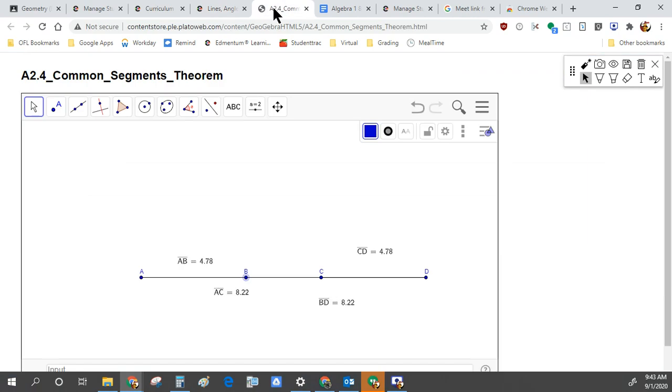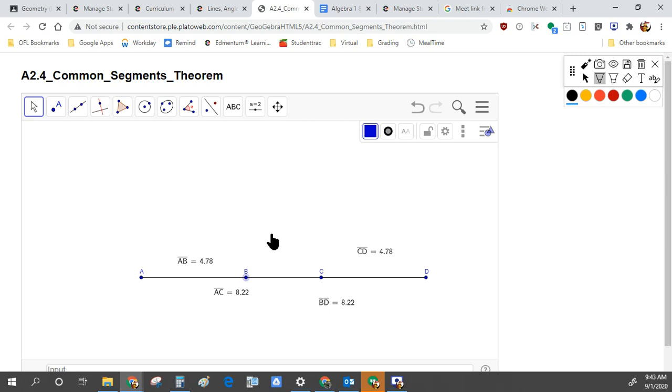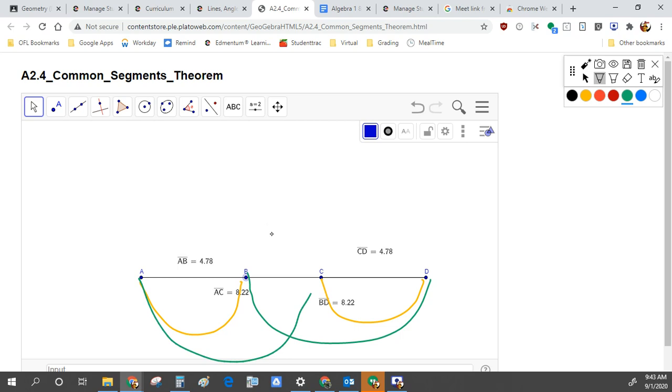One thing I could conclude that I notice here is, let me use colors here to illustrate it. If I'm saying that this and this are equal, and I'm also saying that this to this is equal, then I could say something like BC is equal, right?